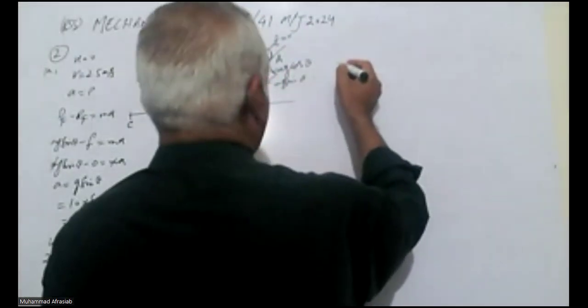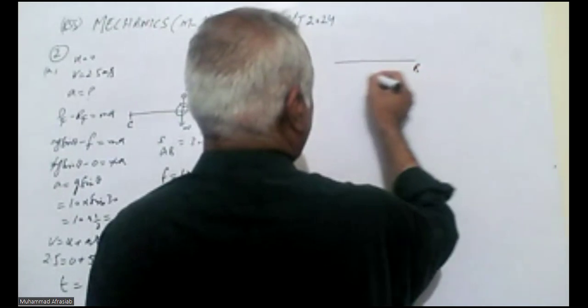Now, it has moved 3 meters down the slope, so you can first calculate the speed at the point B, and from B to C the final speed is 0.